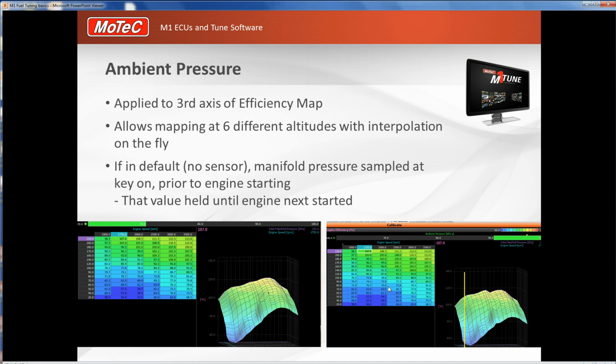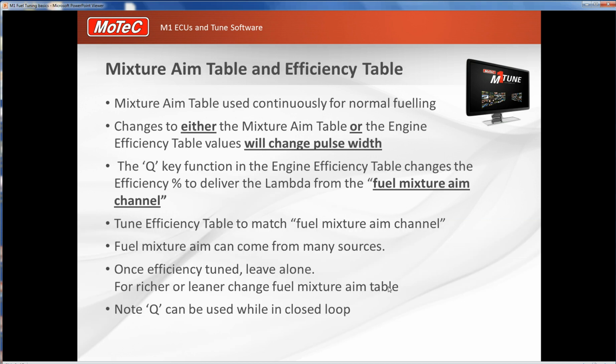Alright, so we've talked a lot about the mixture aim table and how it plays a part in this. It's really important to keep hammering home to dedicated M800 tuners that the M1 uses this mixture aim table, which was the lambda table, as part of its calculation. So if you rock up to an M1 and maybe just jump online to it and change the mixture aim table, that will immediately change how the engine will run next time it's sent out.